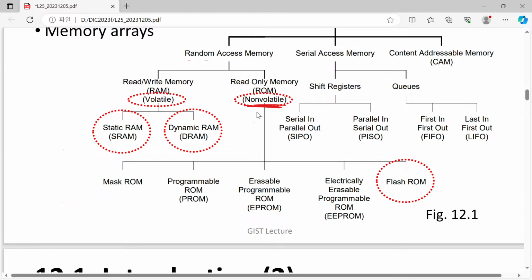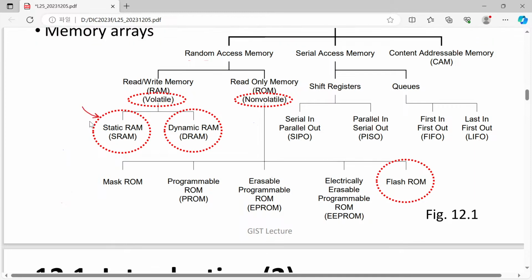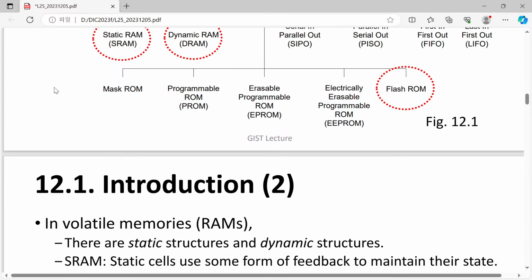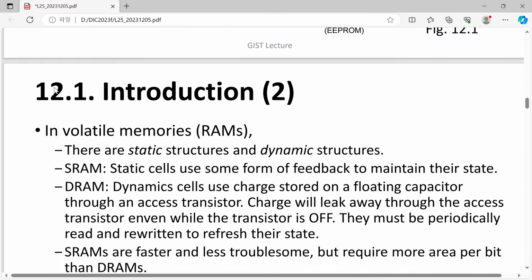Anyway, I wanted to say that we have so many memory cells. However, as a representative one, we will talk today about SRAM. SRAM can be made of just conventional CMOS technology, so that's the reason why I'm talking about SRAM in today's lecture.